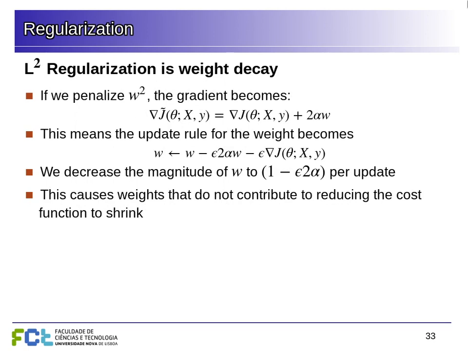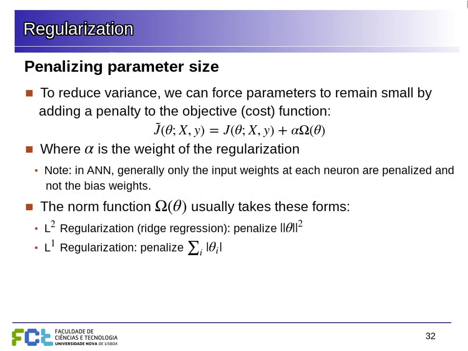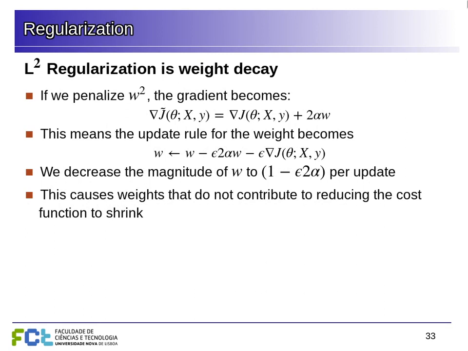If we use L2 regularization, this is also called weight decay, because when you take the derivative of that function, the update rule for the weight becomes the previous weight minus a fraction of the previous weight. So this epsilon is the learning rate, the alpha is how much regularization we want, and W would be the previous weight.